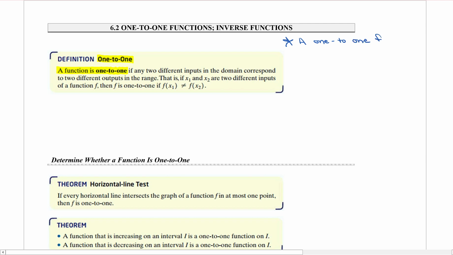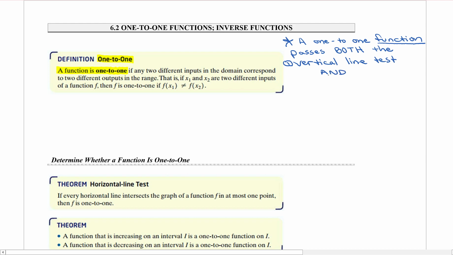Okay, so another way of thinking about this, the easiest way for me to think of it visually, because I'm a visual learner and I know a lot of you out there are visual learners as well, is that a one-to-one function passes both the vertical line test, and hopefully you all remember what the vertical line test is. We covered it when we covered functions.